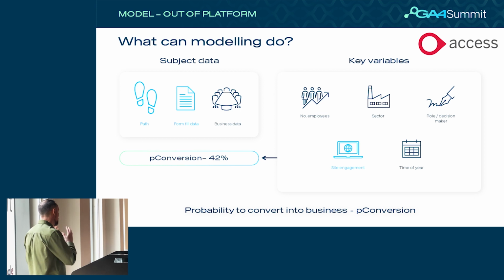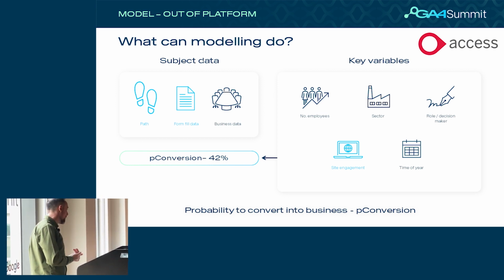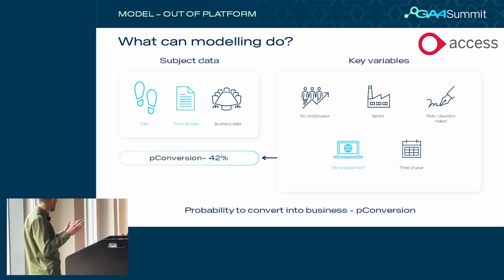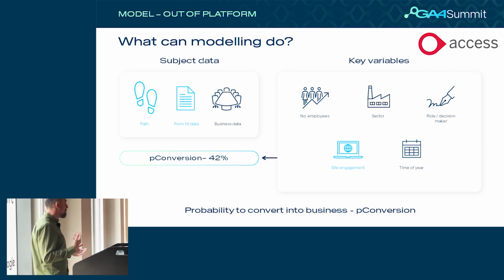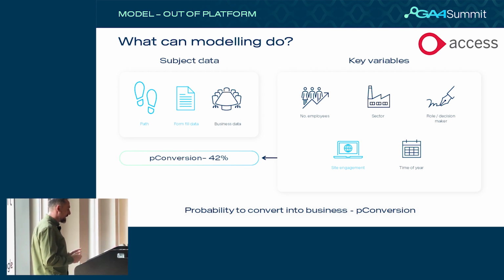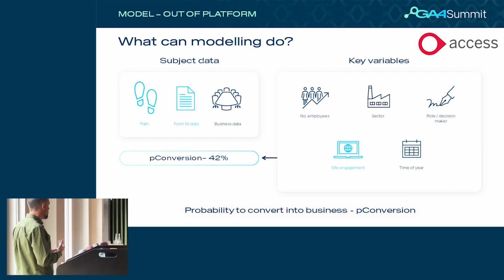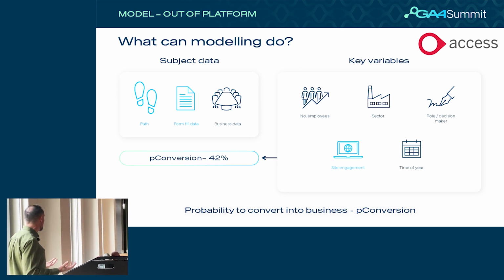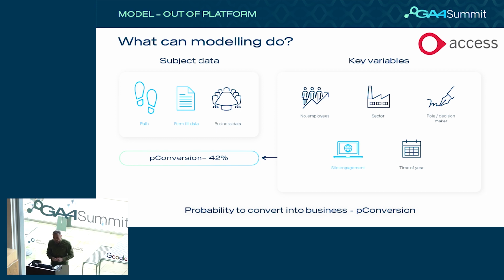We've got loads of information about the path that they took, what information they filled into the form, and then business data specific to the business that inquired. So information we might be able to gather here is the number of employees this company has, what sector or industry they're in, the role, whether they are a decision maker or not, of this individual who's filled the form in.